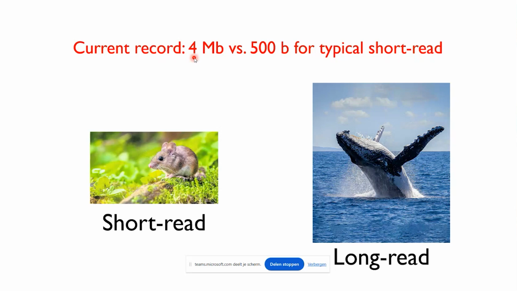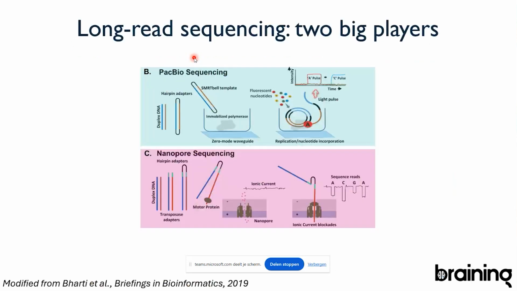Okay, good. So if we dive a bit into the technicalities of long read sequencing, there are two big players that have a commercially available long read sequencing technique. The first one is PacBio sequencing, also known as single molecule real-time sequencing.